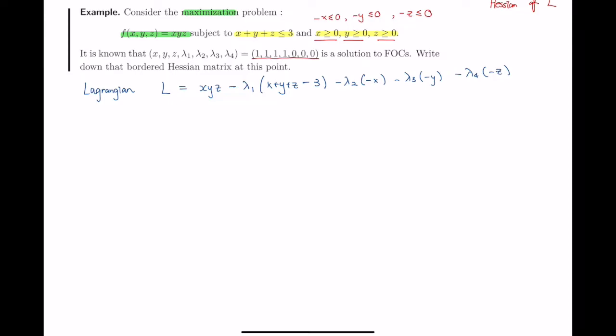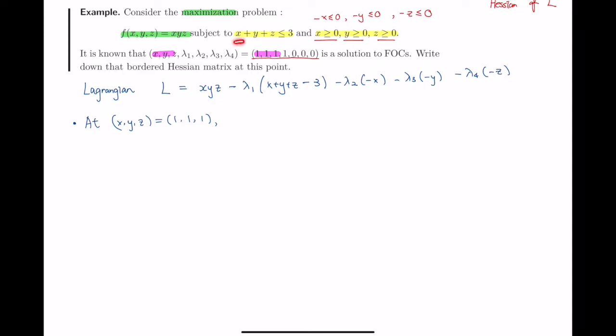And now you want to look at this particular point, okay? So in particular, at this point, x, y, z equals 1, 1, 1. Note, at x, y, z equals 1, 1, 1, which constraint is binding?